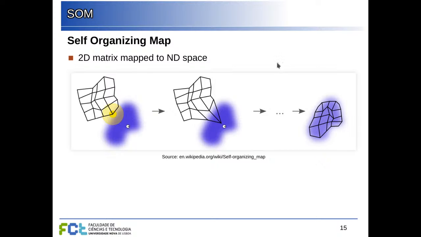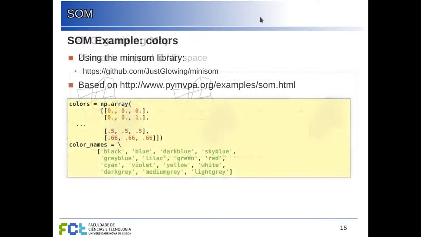So you can imagine that we have a two-dimensional membrane of some elastic material, and we are spreading it out in n dimensions to approximate as much as possible the cloud of examples that we have in n dimensions.